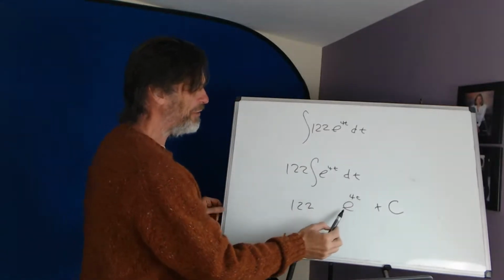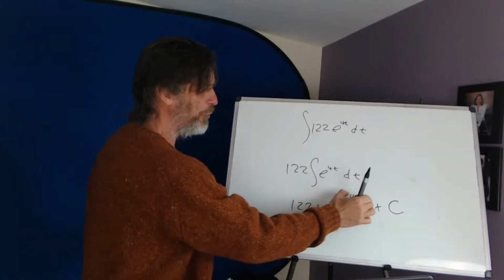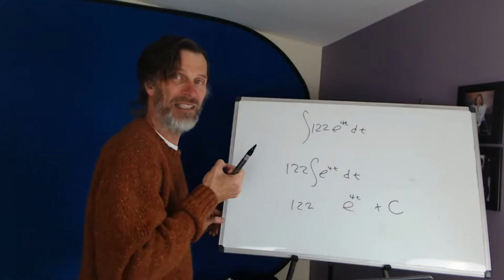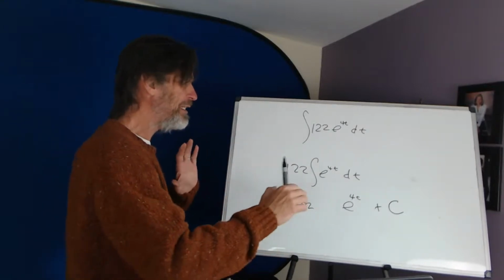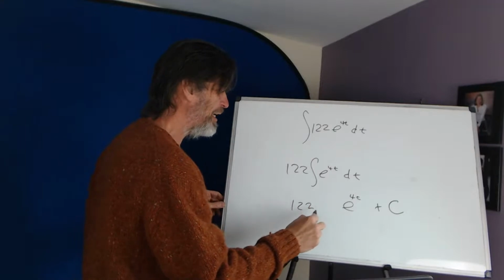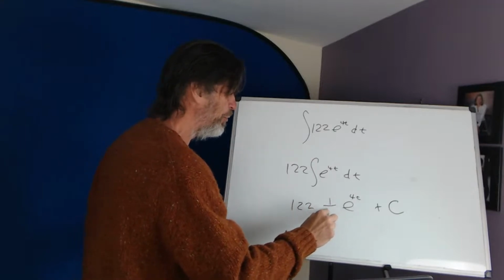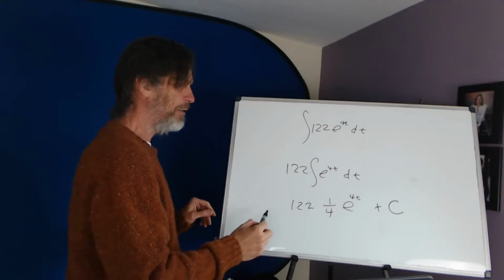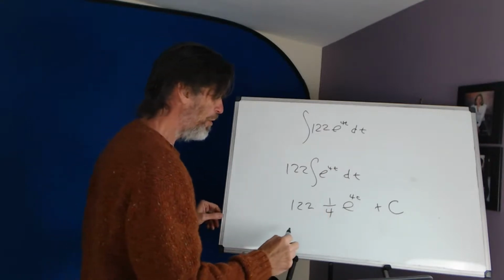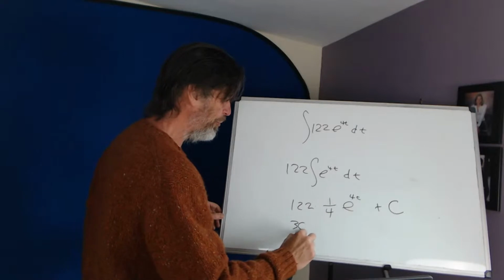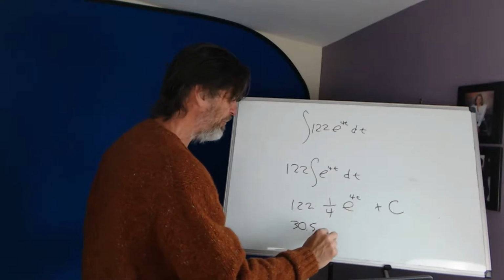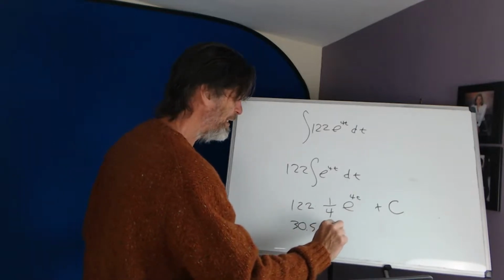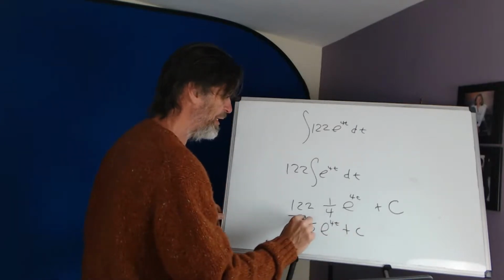Now remember, when we take the derivative of this, we bring down the derivative of the power and have it as a multiplier. So taking the antiderivative, we're just going to stand that on its head. We're going to bring down the reciprocal of the derivative of that power. So 122 times a quarter would be 30.5 e to the 4t plus c.